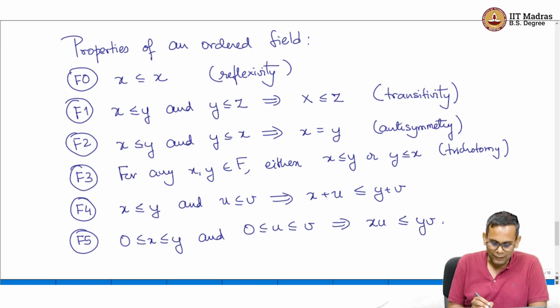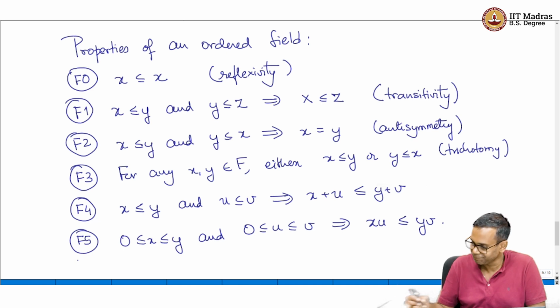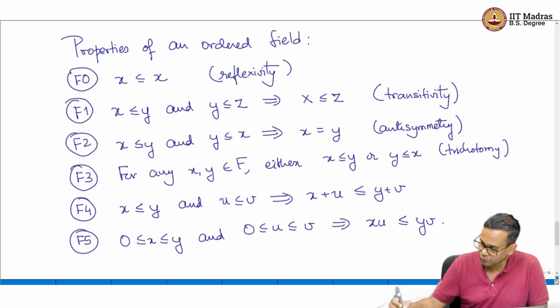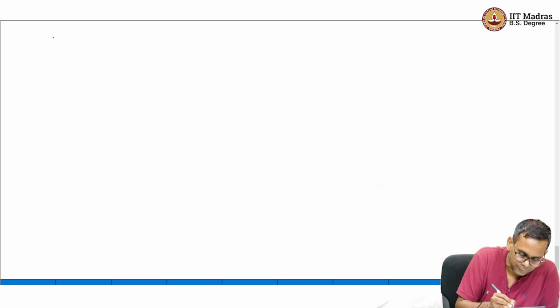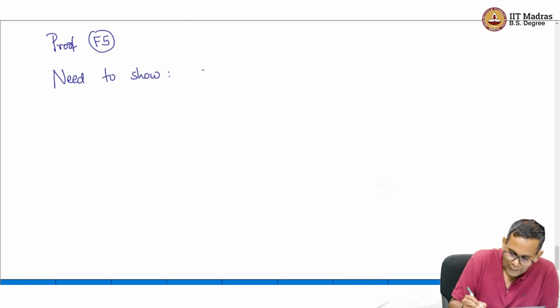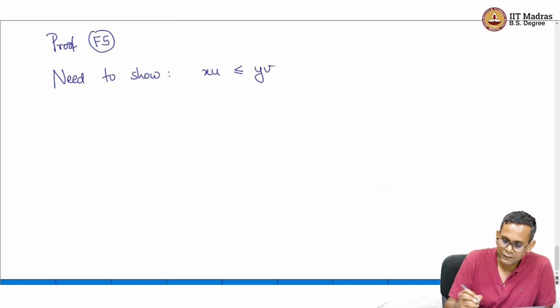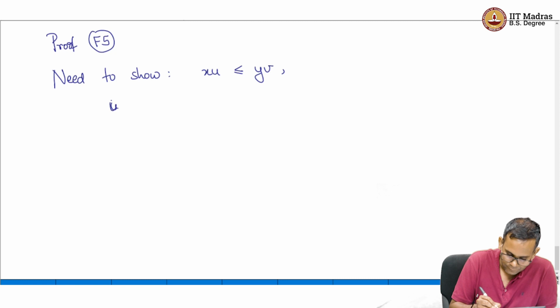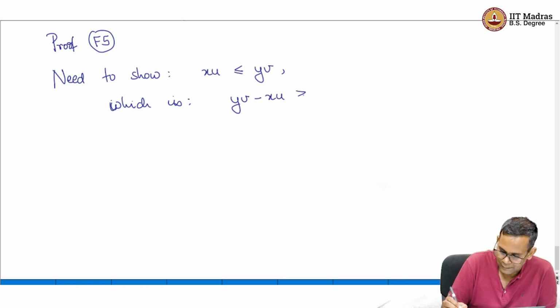Just as an example, let me prove F5 for you. To prove F5, I need to show that xu is less than or equal to yv, which is the same as saying that yv minus xu is greater than or equal to 0.